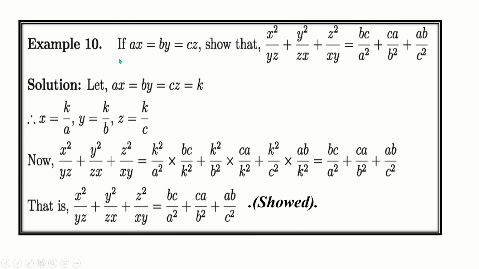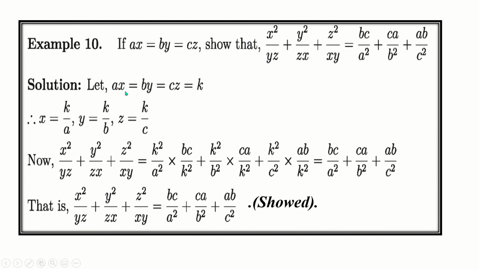Example 10. This is a given condition. If ax equal to by, equal to cz, show that this equal to this. Okay, so solution: we let this equal to k, because the given condition is of this form.